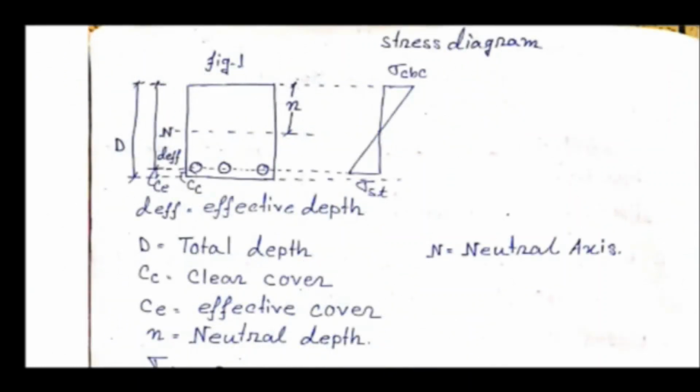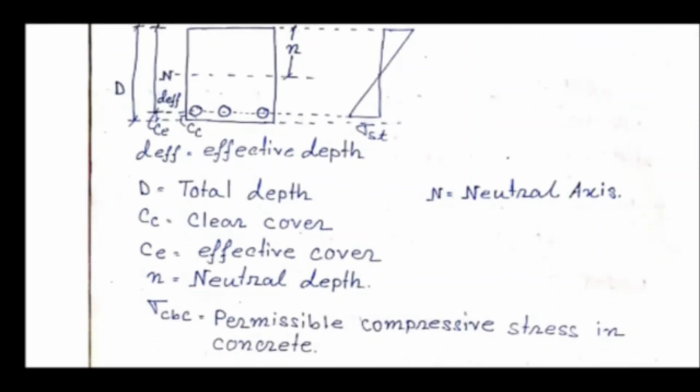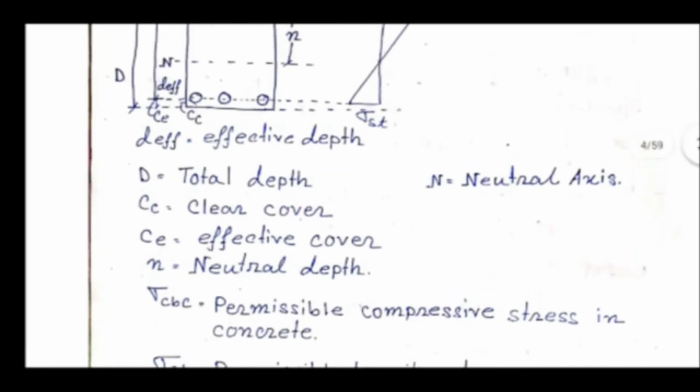Now in stress diagram you can see in upper portion one abbreviation written, that is sigma CBC, and in lower portion up to the effective cover, that is sigma ST. Sigma CBC means permissible compressive stress in concrete and sigma ST means permissible tensile stress in steel in working stress method.